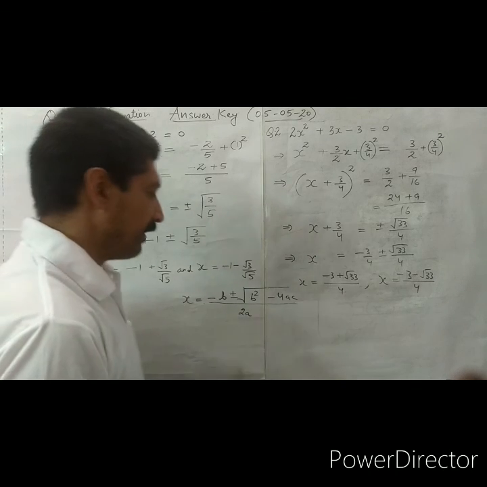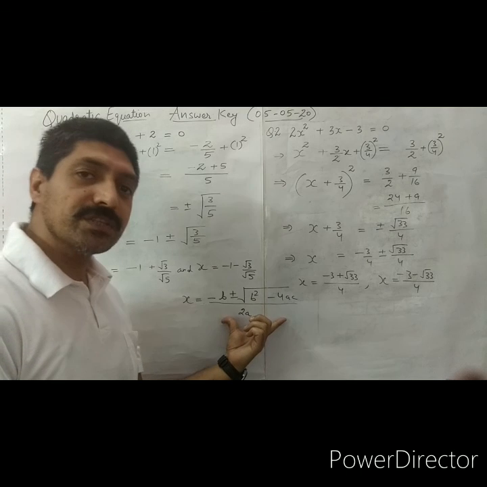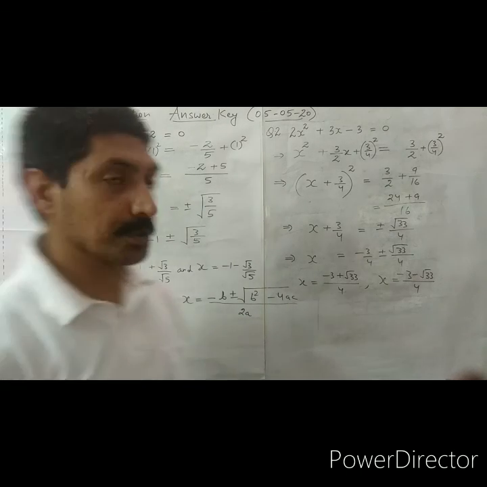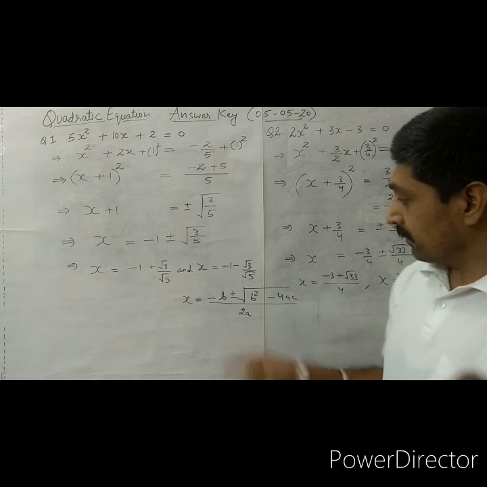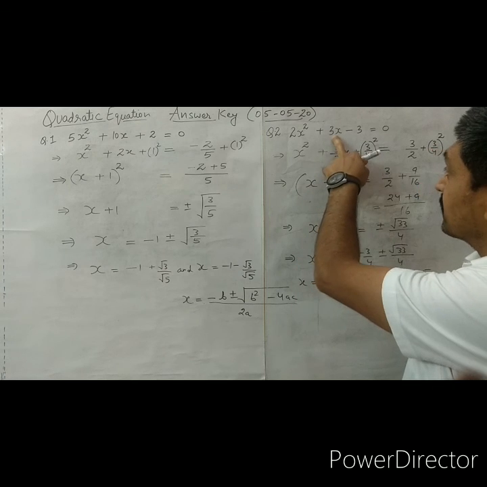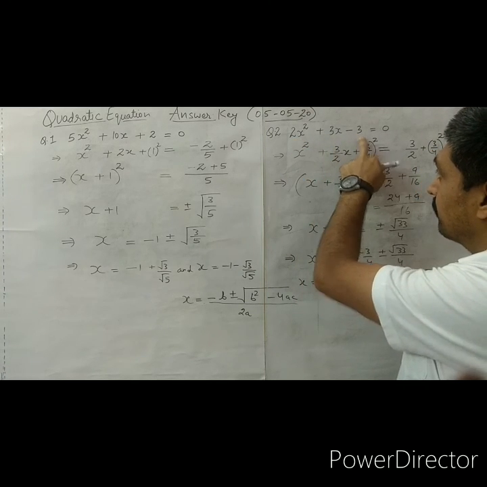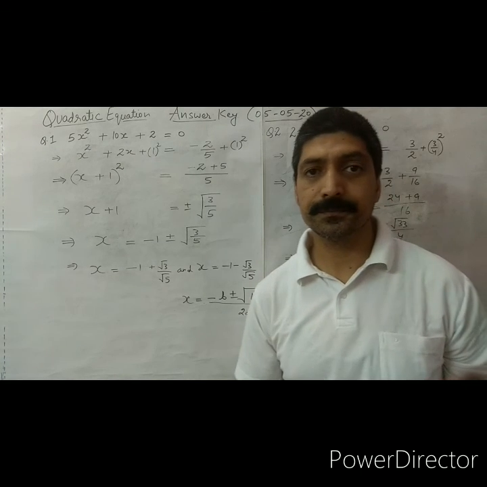We can find the value of x with this formula, which is known as the quadratic formula. So this is all about question number 1 and question number 2. Here b is 3, a is 2 and c is again minus 3. So by substituting the values, we will get the required result.